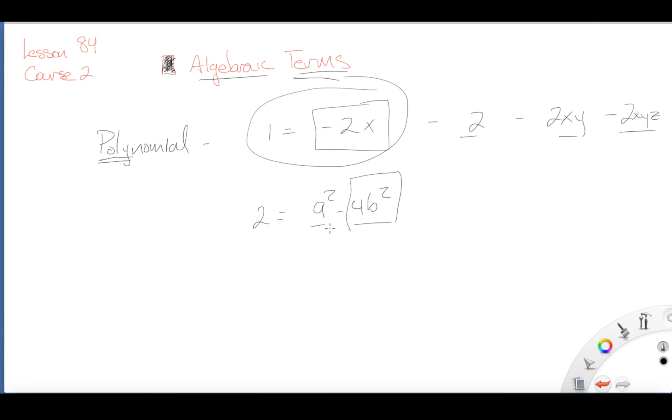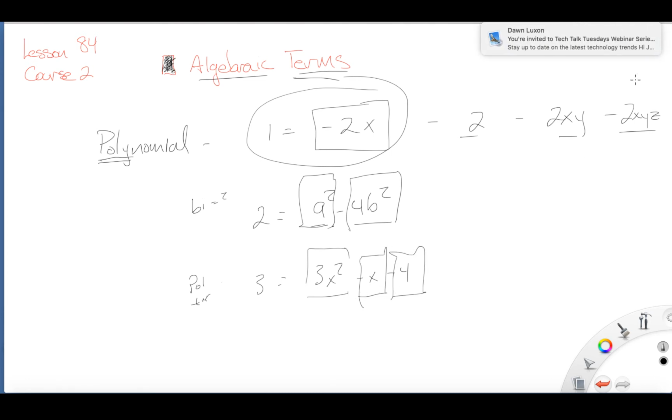I'll put them in boxes and you can see the two terms. Bi equals 2, and poly or trinomial, equals 3 or more. So we have 3x squared and minus x and minus 4, and you can see three separate terms. There's a 4 by itself, there's an x by itself, and there's an x squared.